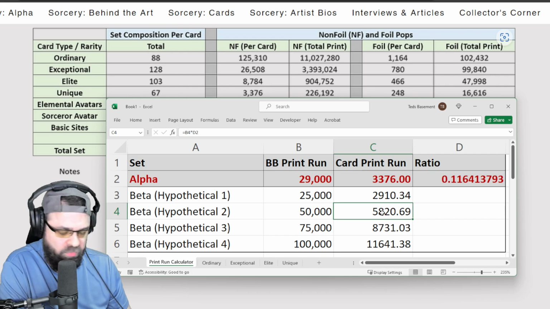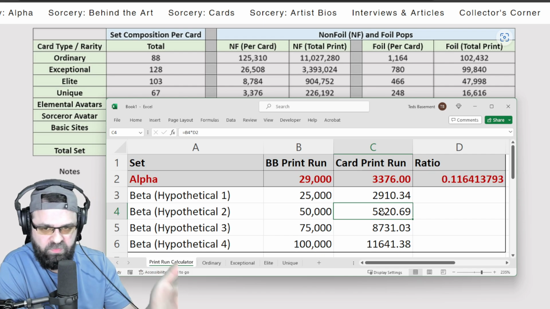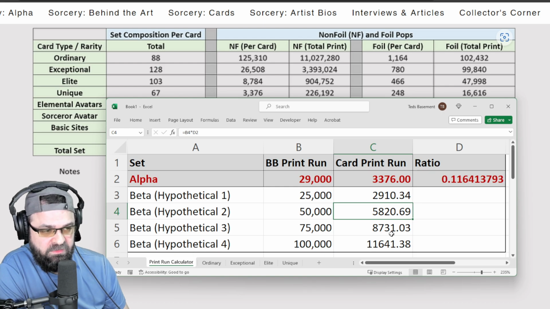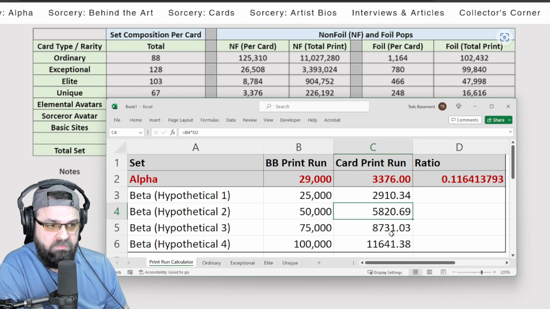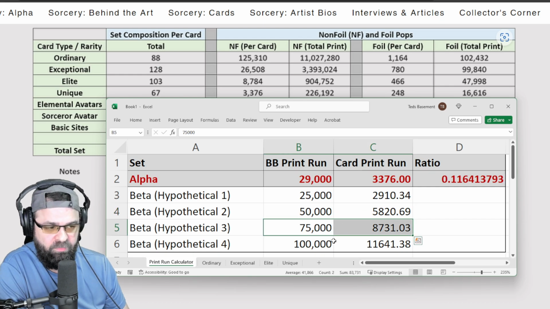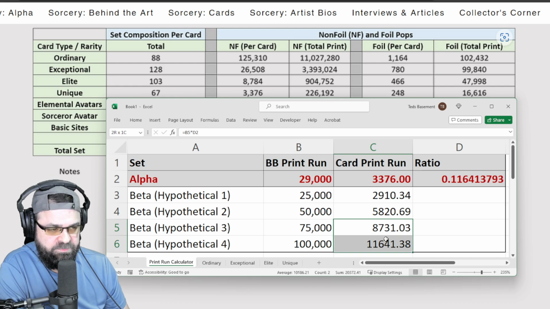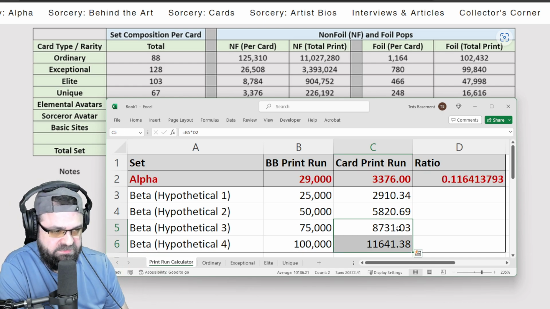I don't know if he thought of that. I'm just coming up with this as we're talking through. Maybe that's a possibility. If he felt like, hey, I've got 10,000 fans, and assuming that he wants all 10,000 fans to be able to grab a chance at each unique non-foil, he would have to print more like the 75 or the 100,000 to be able to spread those unique non-foils across the entire fan base.